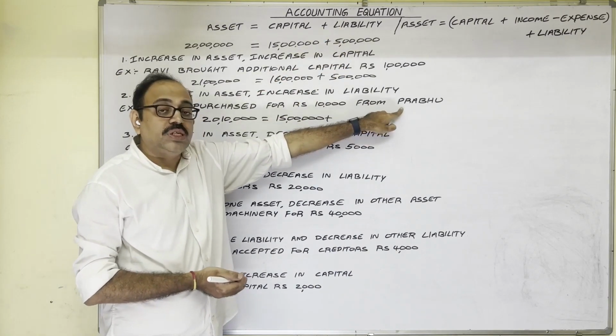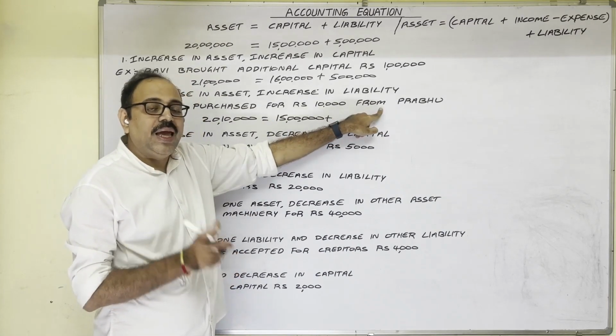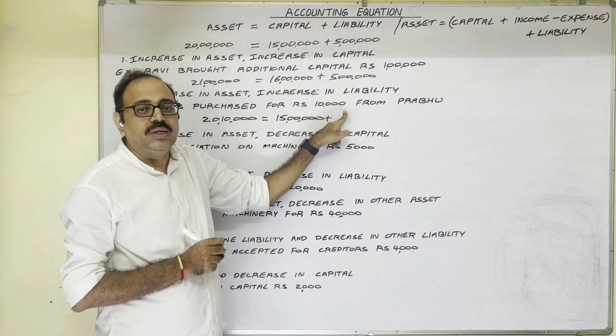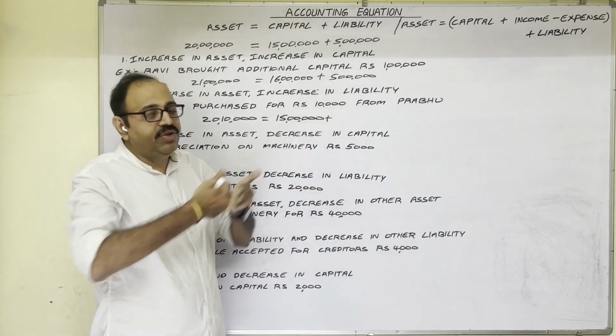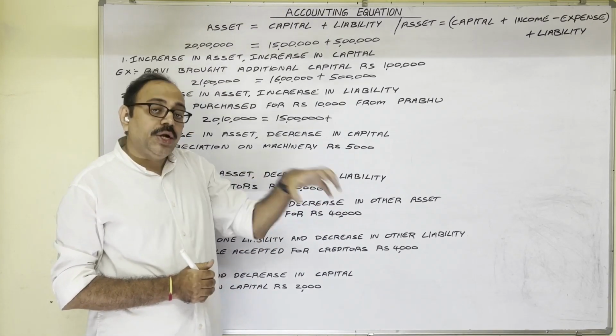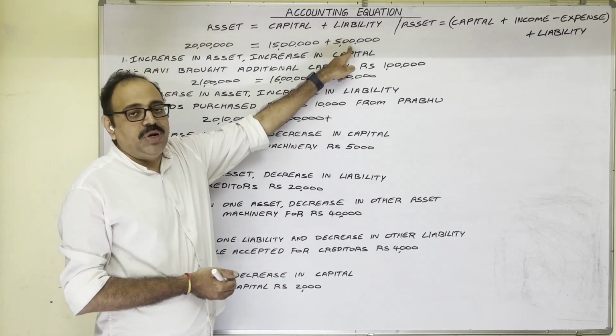And Prabhu the supplier is also an outsider. So because of this transaction, a creditor is created with 10,000 rupees. Creditor means we have taken benefit from him and we have to pay him. So we are owing to him. Creditor is a liability, outside liability.